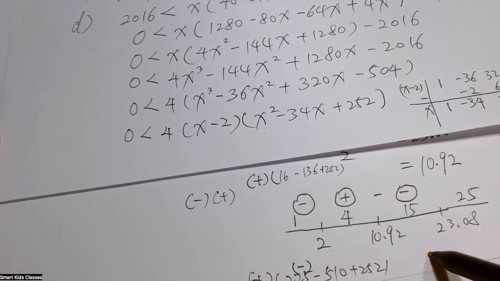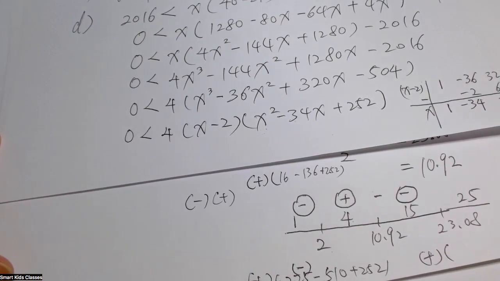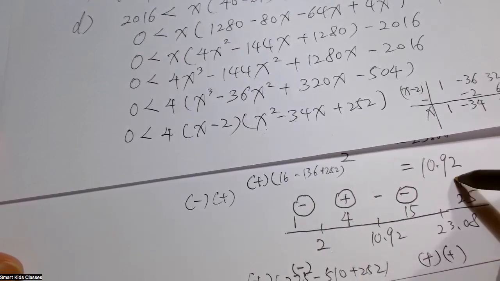For 25, the first bracket is positive, the next bracket is 25 exponent 2, minus 34 times 25, plus 252. So I got positive 27. So we get a positive here.